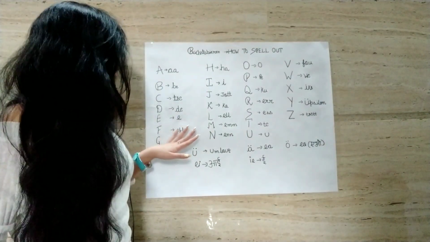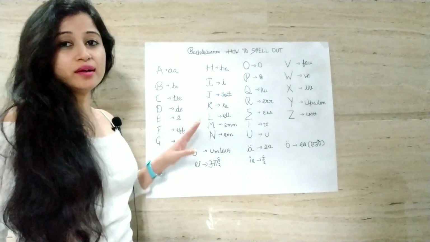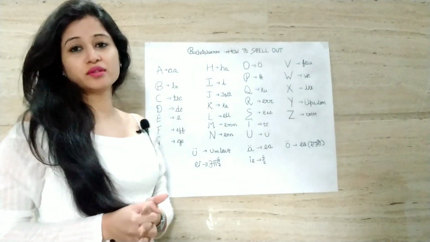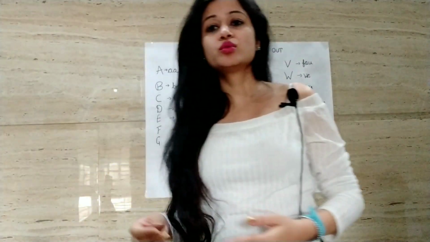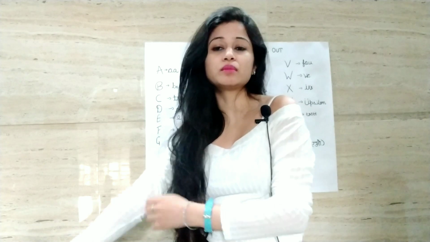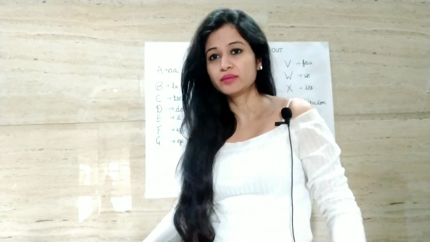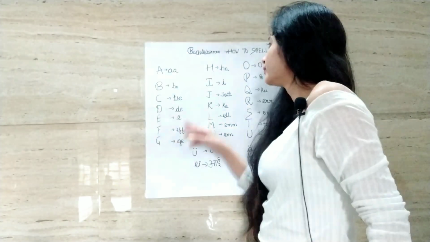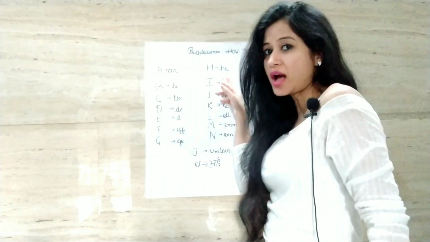F becomes F. Please note that like B became Be, C became Se, we are not using it the same way. Here we are using F as F. We stress out a bit on F. That is what is used in German language. Okay. G becomes Ge. H becomes Ha.